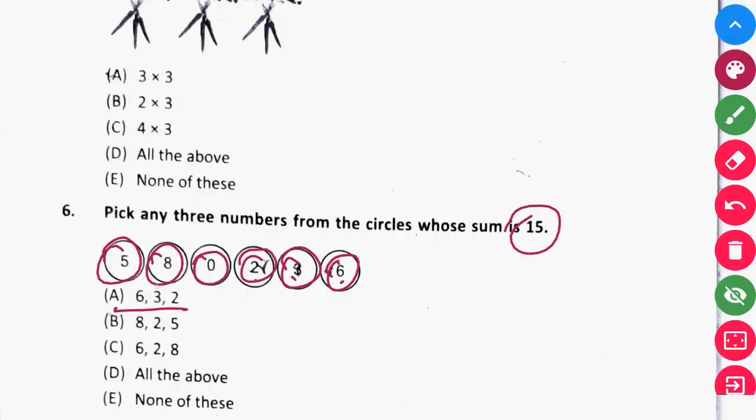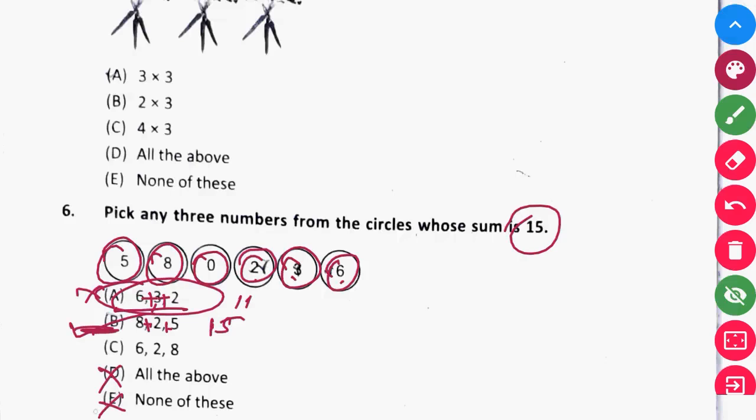These three numbers are there in the circle. Now add them. 6 plus 3, 9. 9 plus 2, 11. So the sum is not 15. So this is not the answer. 8 plus 2, 10. And 10 plus 5, 15. So 15 is the sum. So it may be the answer, but we have to check other options also. All the above will not come because A is not the answer.